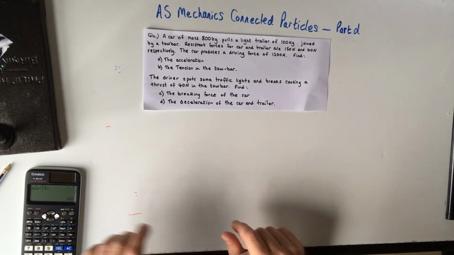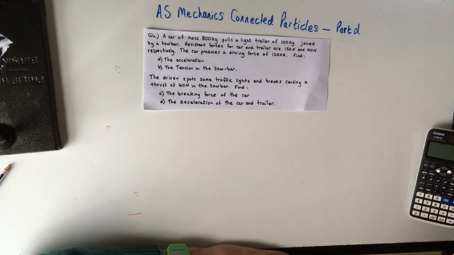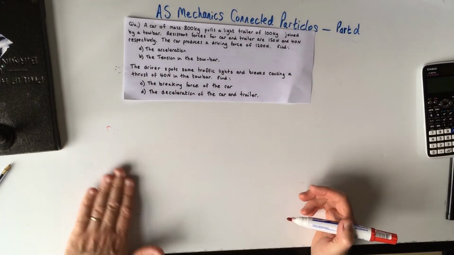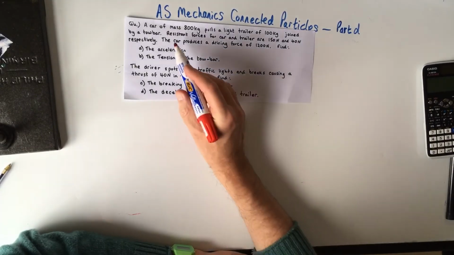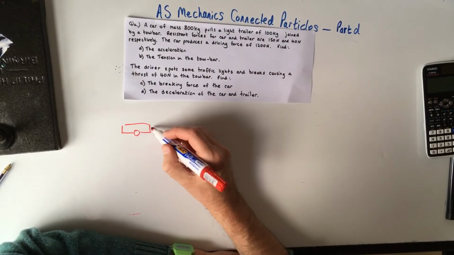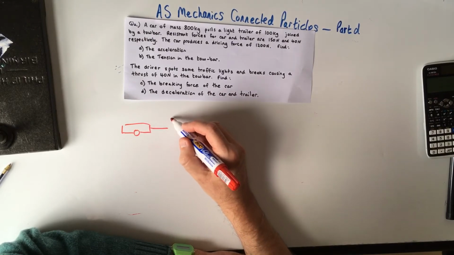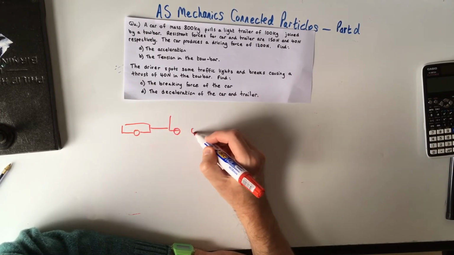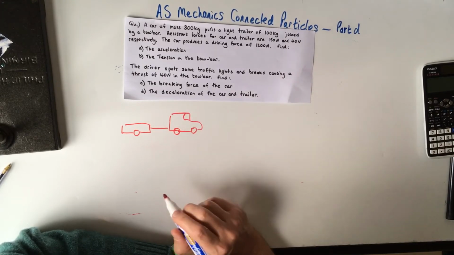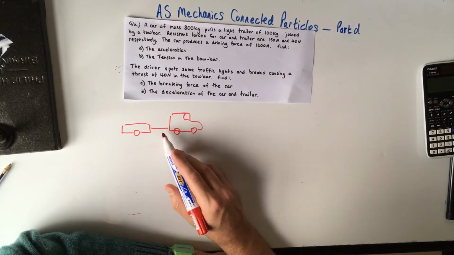Okay, right, I hope you did something like this. Well, I'm hoping actually that you drew a diagram to start off with. So let's have our trailer, and a car, joined by a tow bar.